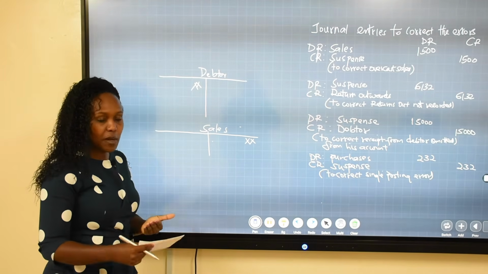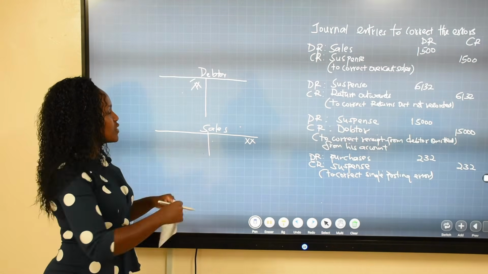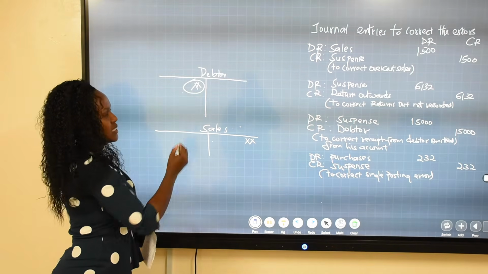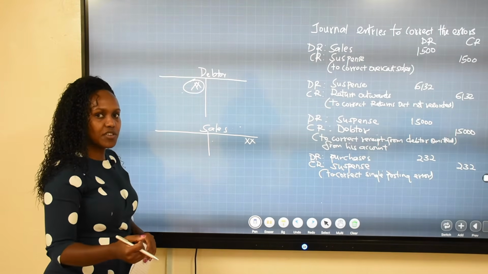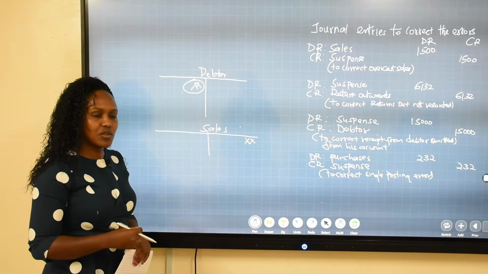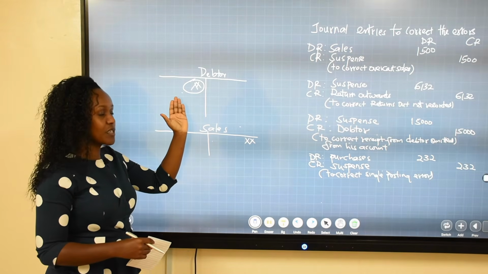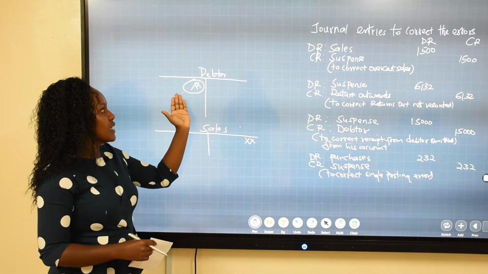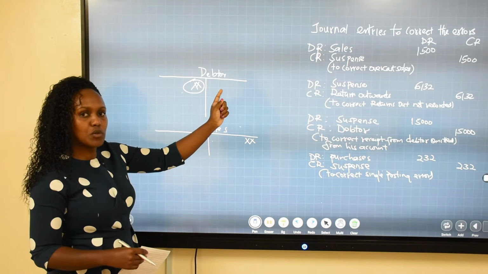Now, we have received some money from the debtor. Therefore, the debtor is paying some of this money. Here, they have paid us shillings 2,200. What is the right thing to do? The right thing to do, because we have received money from the debtor, is simply to reduce the amount in his account or to reduce the amount owing.